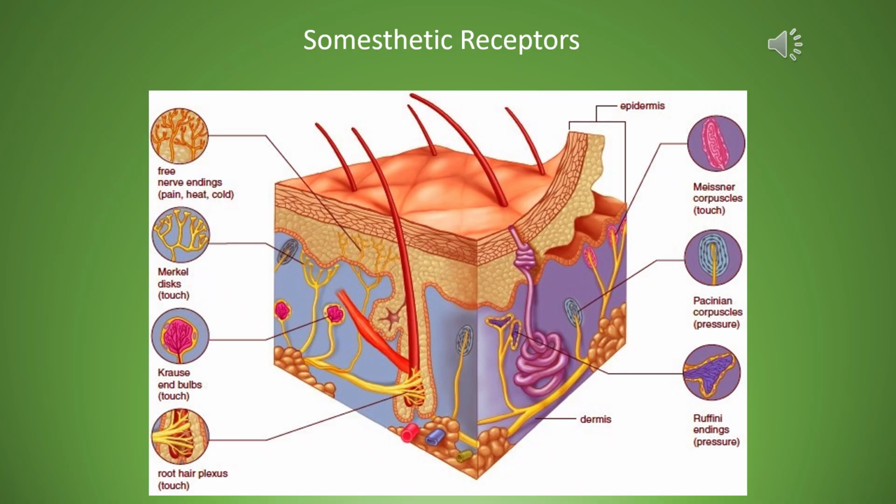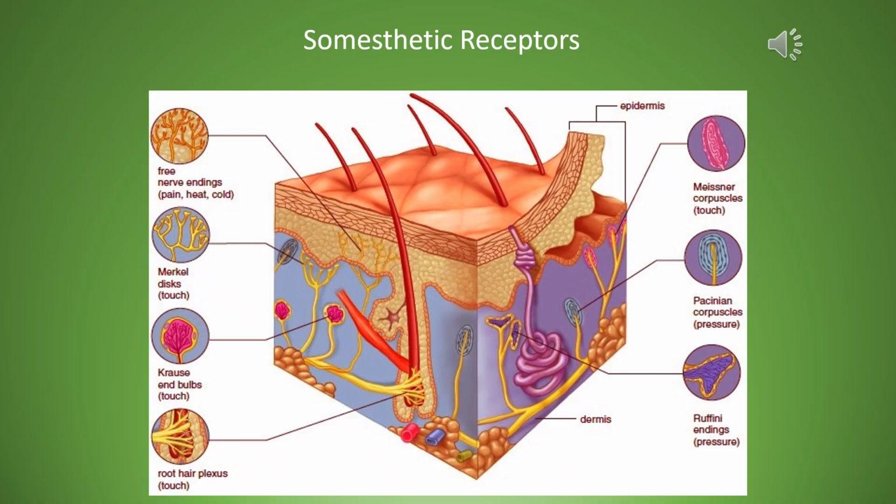We have free nerve endings that respond to pain, hot, and cold. Those come very close to the surface, but not into the epidermis. They are still in the dermis. The only receptors that we have situated in the layers of the epidermis are the Merkel discs.